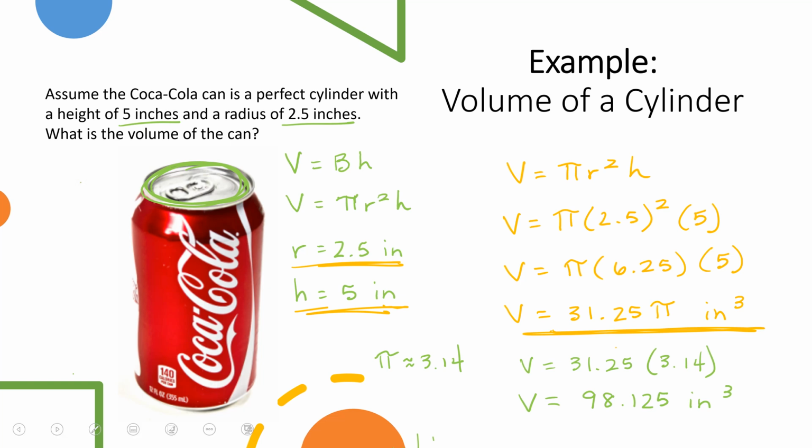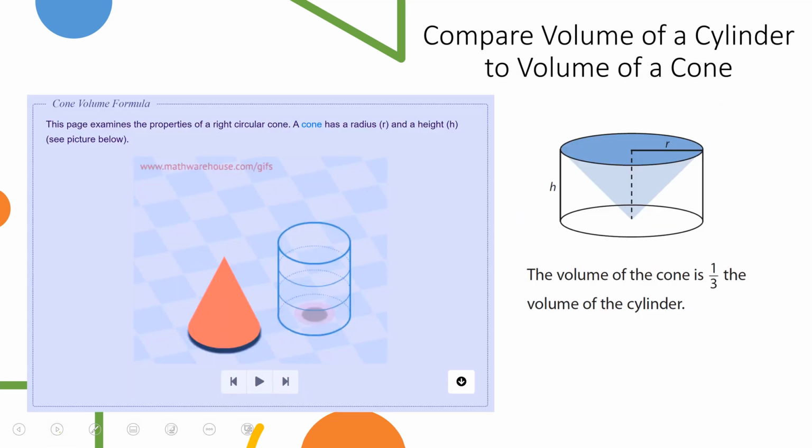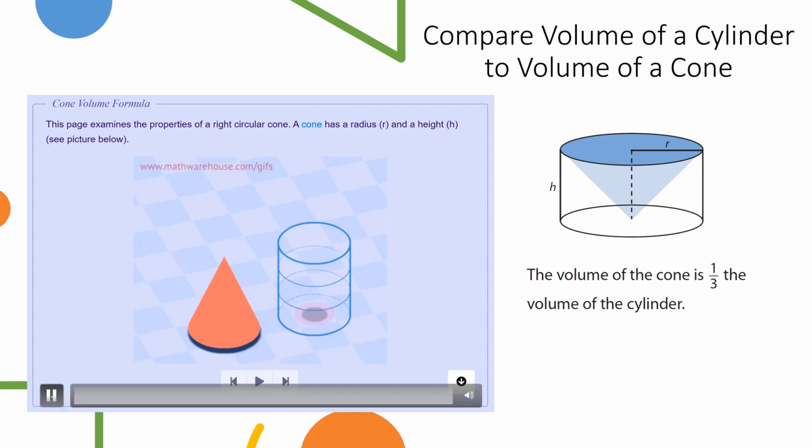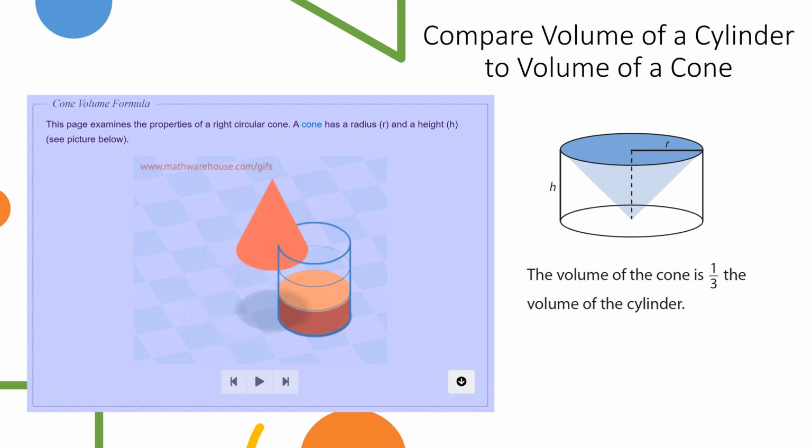Let's try some other shapes. All right, so we're going to compare the volume of a cylinder to the volume of a cone. I want you to watch this video real quick. Notice what happens when we put the volume of this cone inside a cylinder with the same height.